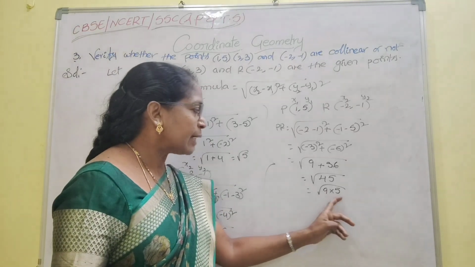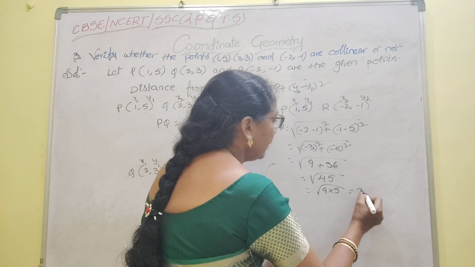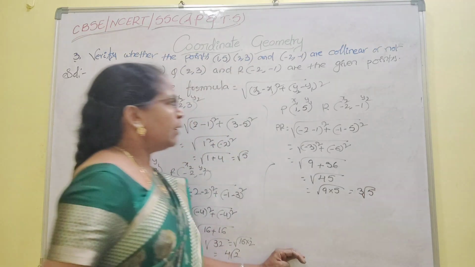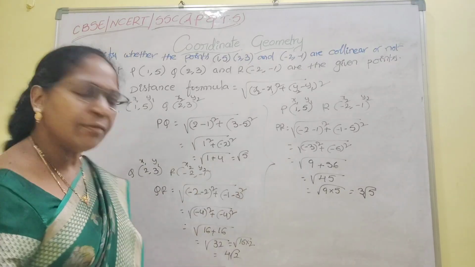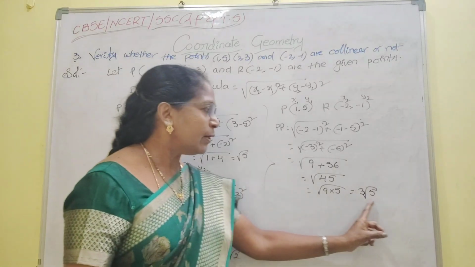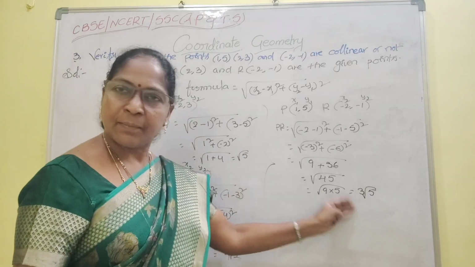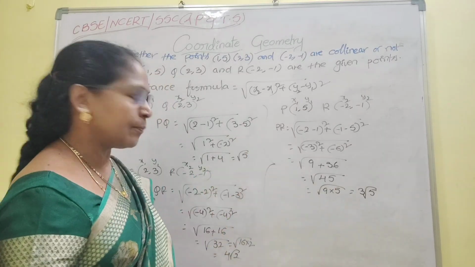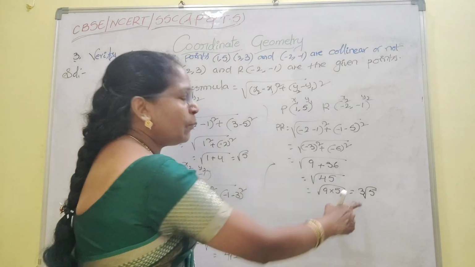So the square root of 9 into 5: 9 is a perfect square, the square root of 9 equals 3, so 3 root 5. Now just check: the first value is root 5, the second is 4 root 2, and the third is 3 root 5. Does the sum of any two distances equal the third? You have to check. No, it's not possible. PQ plus QR is not equal to PR.